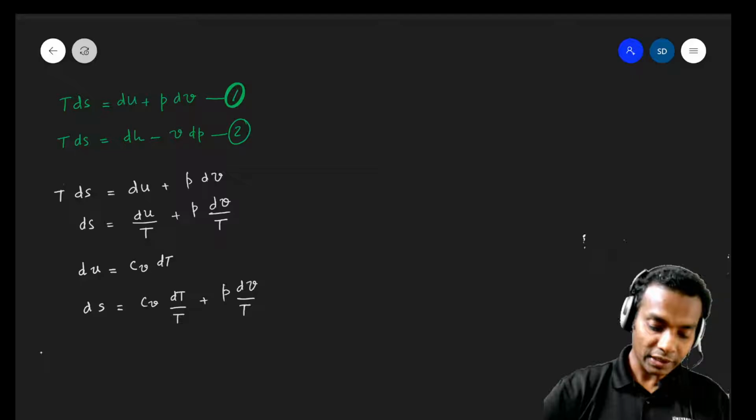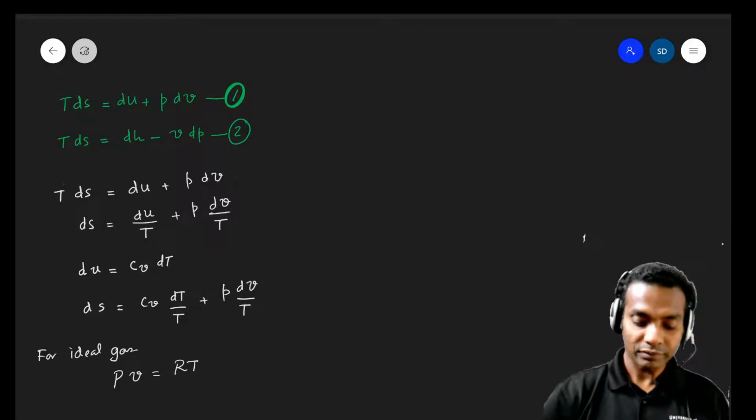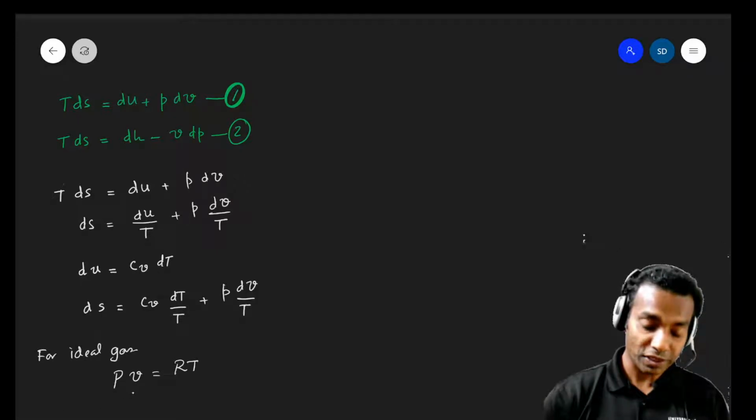And also we know that for ideal gases, pv equals RT. This is another version of the ideal gas equation, where v is specific volume.